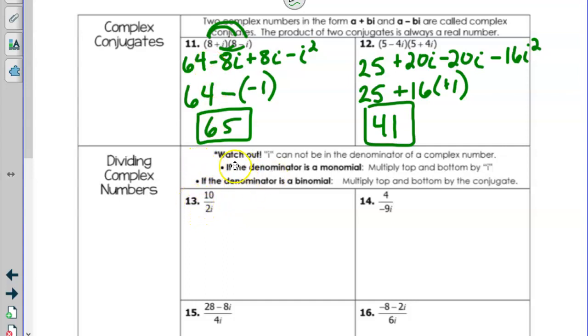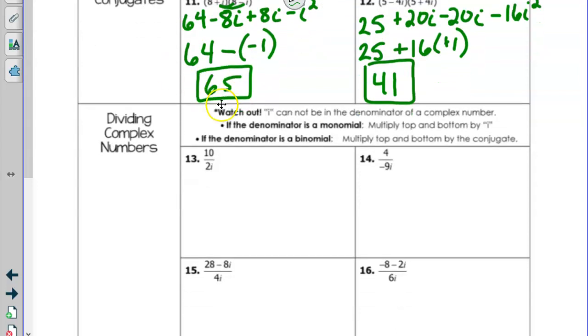So, number 13. Well, let's read right here. It says, watch out. i cannot be in the denominator of a complex number. So if it is, we're going to multiply the top and the bottom by i, if it's a monomial, meaning one term. If it's a binomial, we're going to multiply the top and the bottom by the conjugate. The conjugate is what we just did here. So we have two things going on in this section.